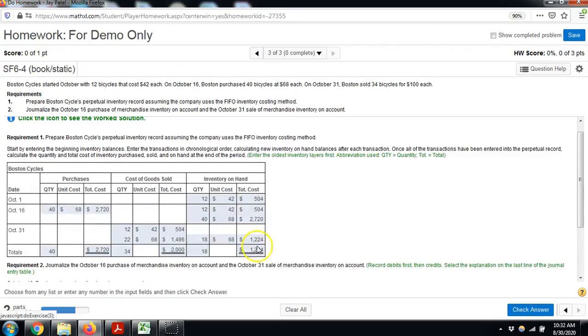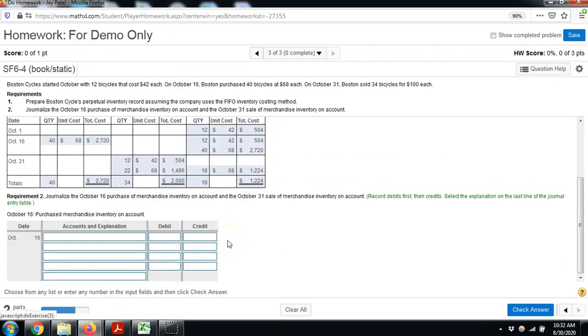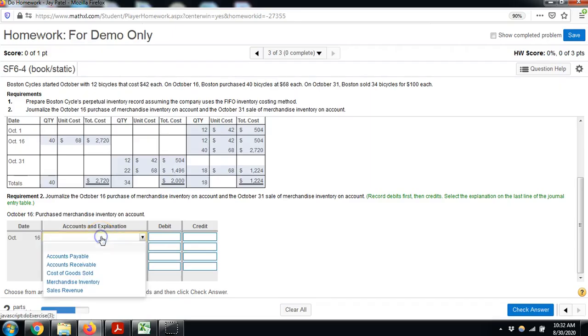Okay, so we've completed this table. Now let's see how to journalize this, or rather what the corresponding journal entries are. In this purchase of 40 units, the 40 units no longer matters, the unit cost no longer matters. We only care about the total. We're basically going to be adding inventory.